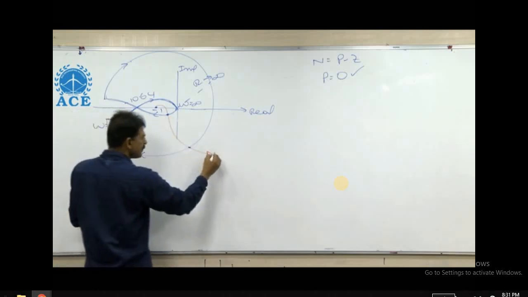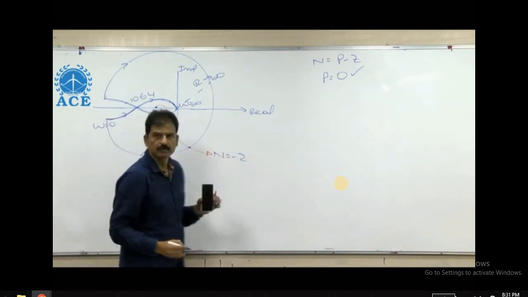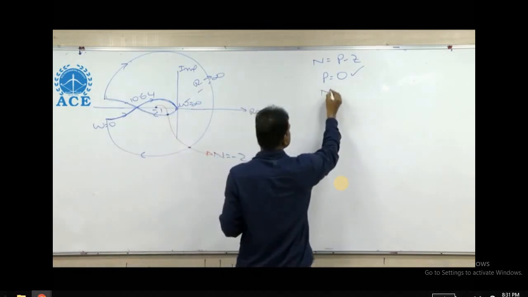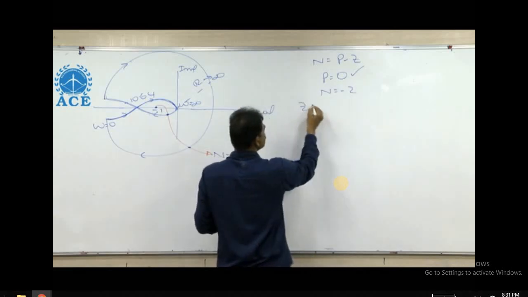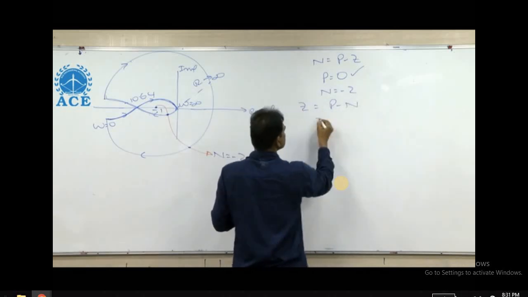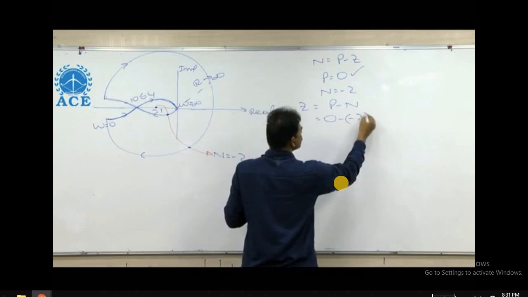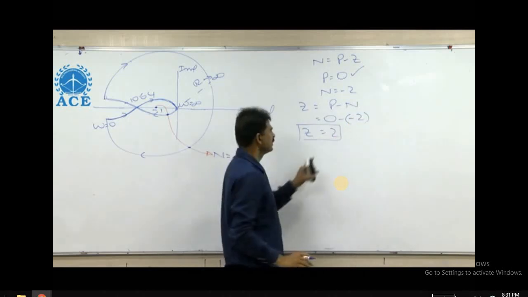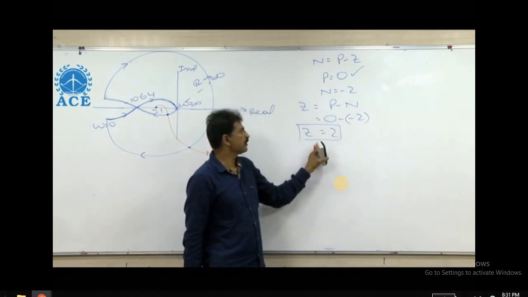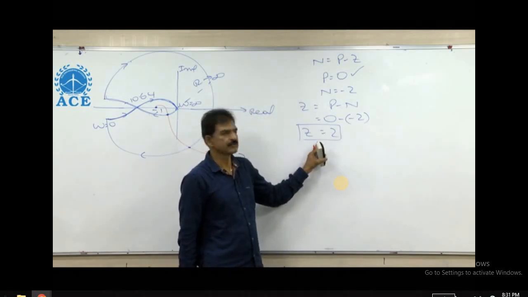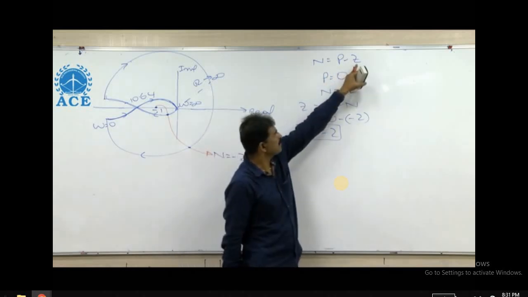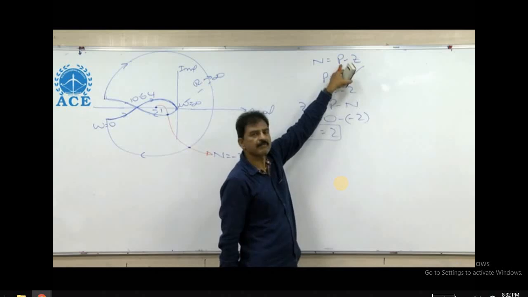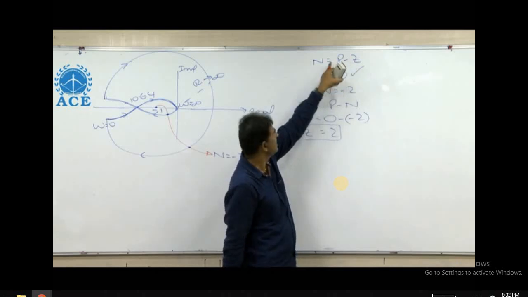Therefore from the plot, N is equal to minus 2, the number of encirclements of the minus 1 j0 critical point. Z is equal to P minus N. The number of right hand poles P is 0, so Z is equal to 2. Z is the number of right half of S-plane closed loop poles, and P is the number of right half of S-plane open loop poles.